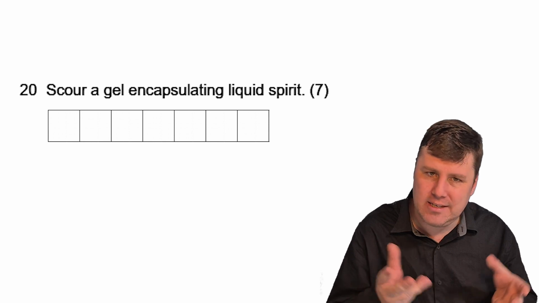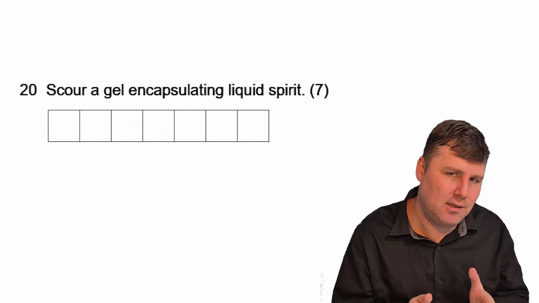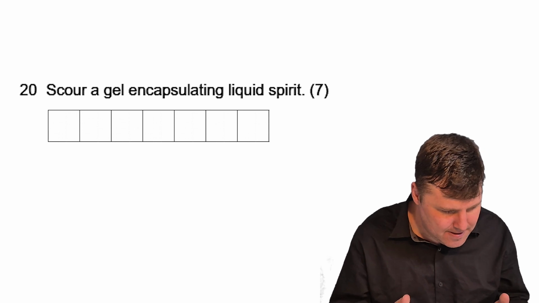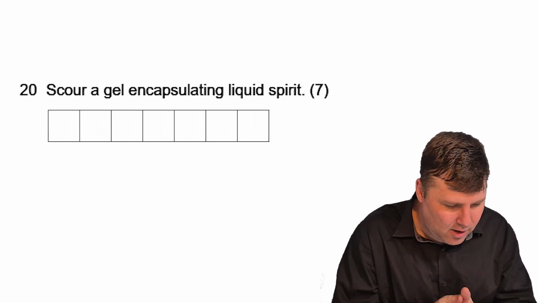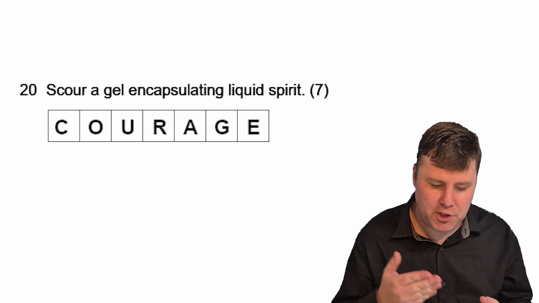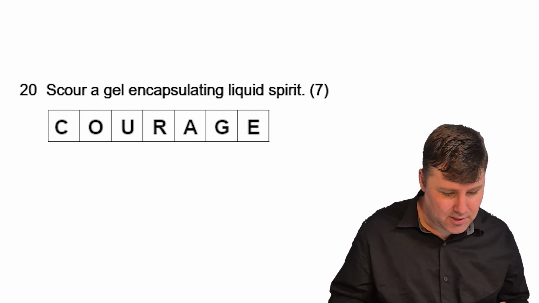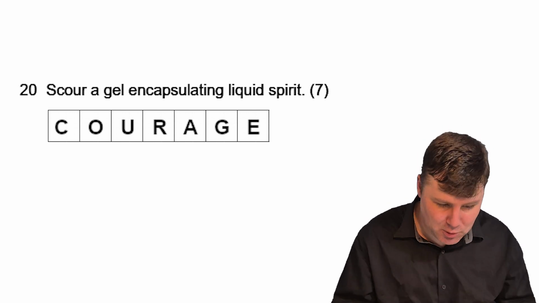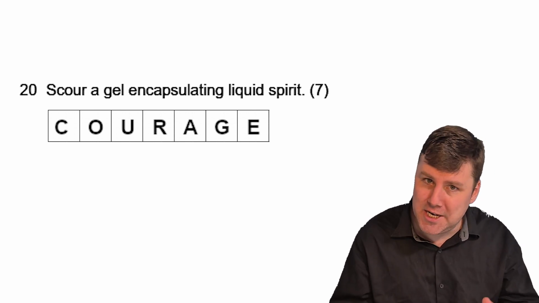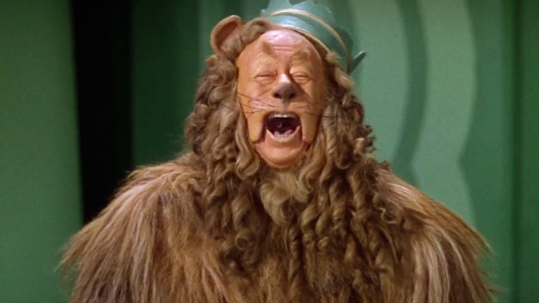Well, the letters of scour a gel are encapsulating this liquid spirit. And if we look right in the middle of scour a gel, we find courage, which you can have liquid courage. Courage is your spirit. So scour a gel encapsulating liquid spirit, 7 letters, courage. Courage. You could say that again.